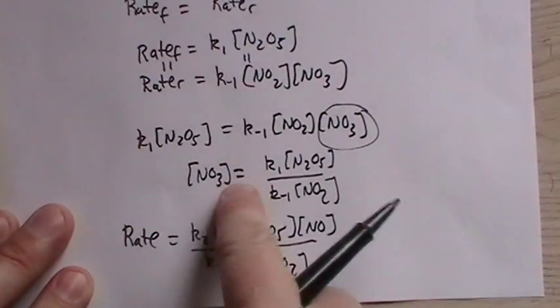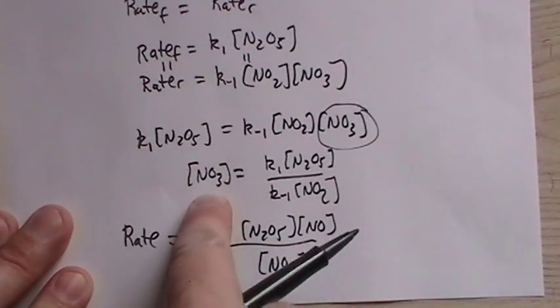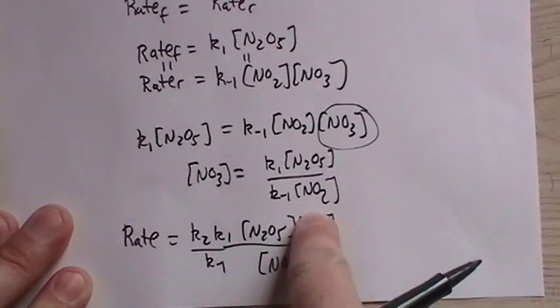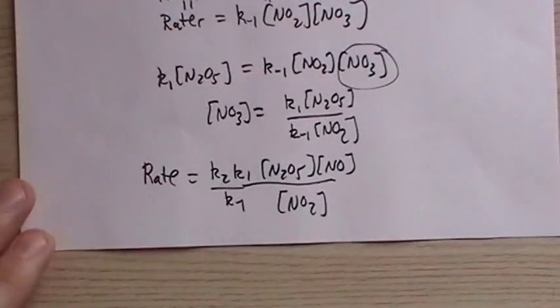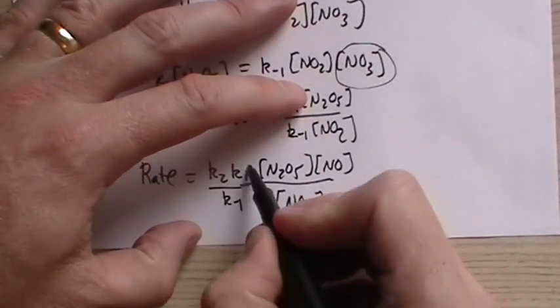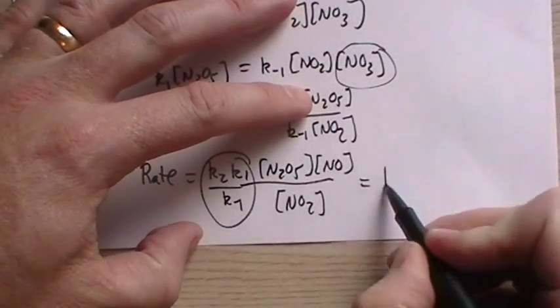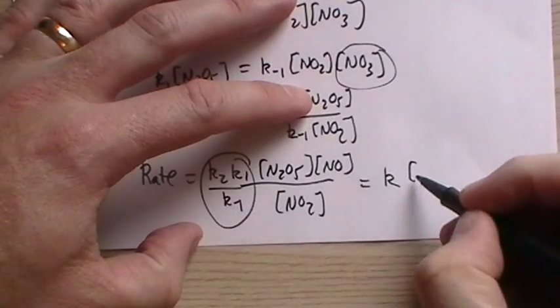So we've taken this value, NO3, which we can't study, and it is equal to this term, which then we put into this rate law. We have this, and then we simplify. These constants, we don't know what their value is, so just call them k.